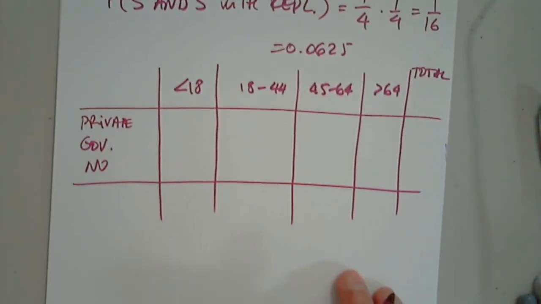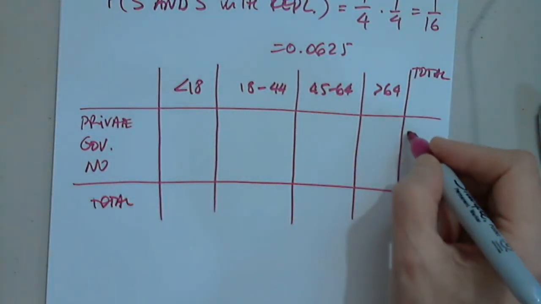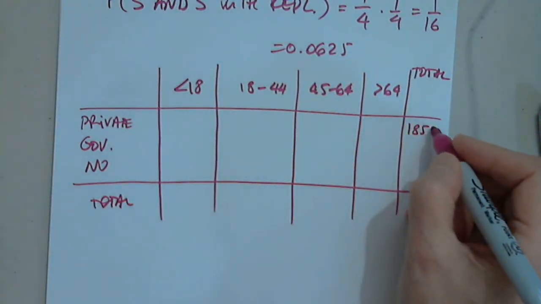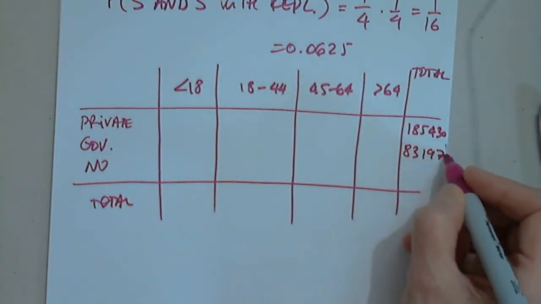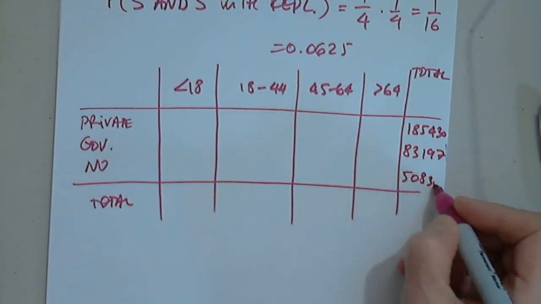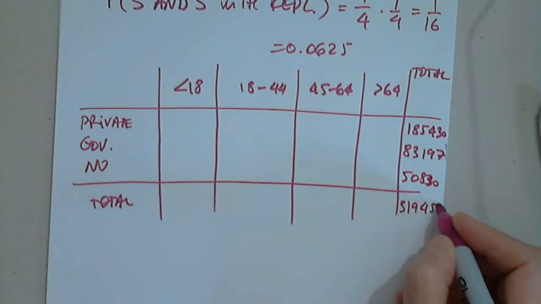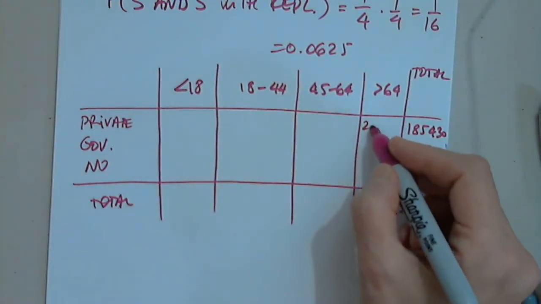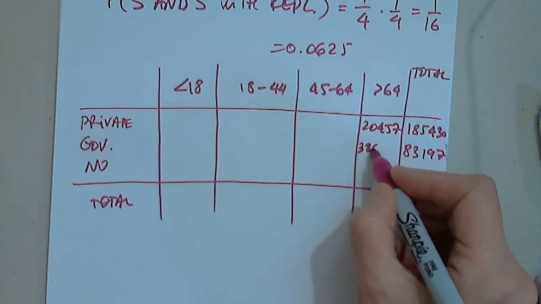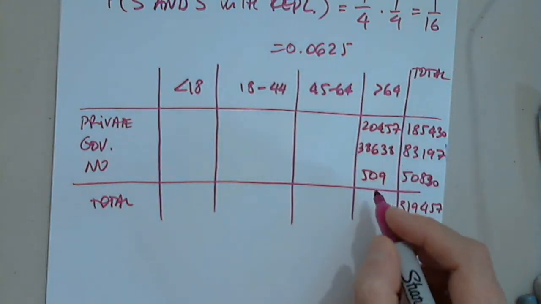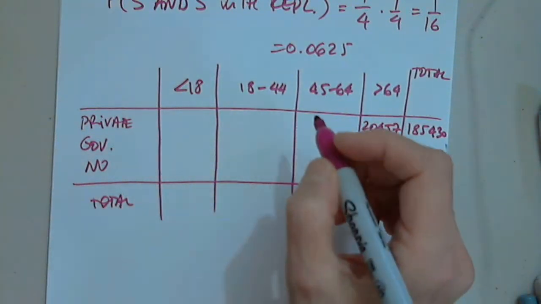Okay, so total, so 185,430, 83197, 50830, and 319,457. Okay, so 2457, 38, 638, and 508. No, it's 509, sorry, and 59, 604.